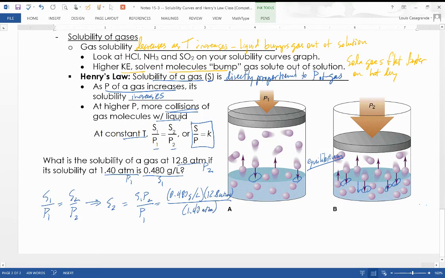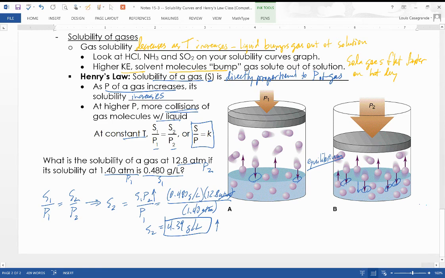We're keeping sig figs good. Let's cancel out the atmospheres and do the math, and we should get that S2 is equal to 4.39 grams per liter, and that S2 did go up as the pressure P2 went up.